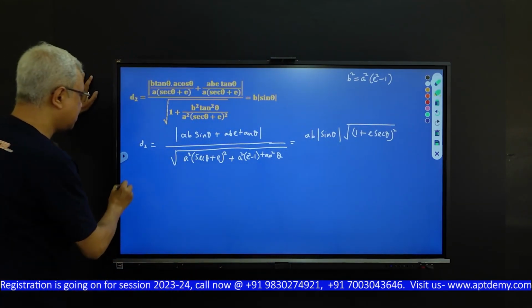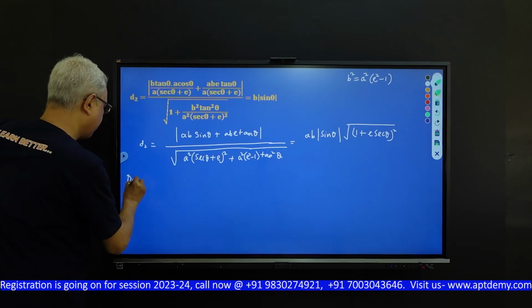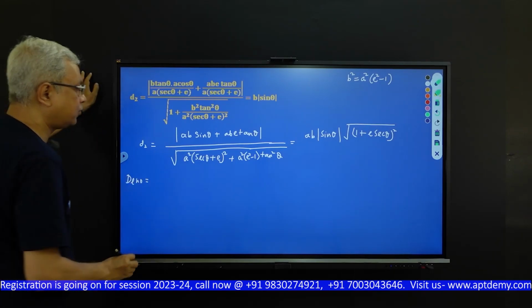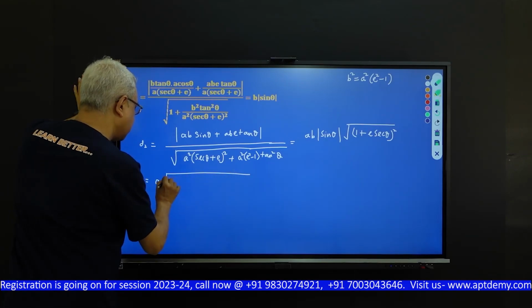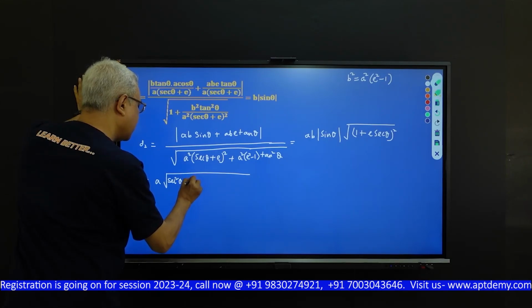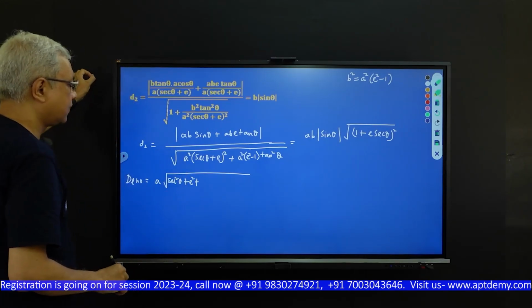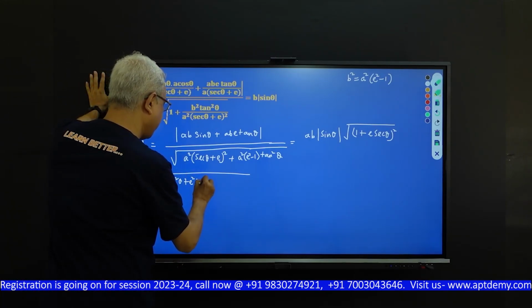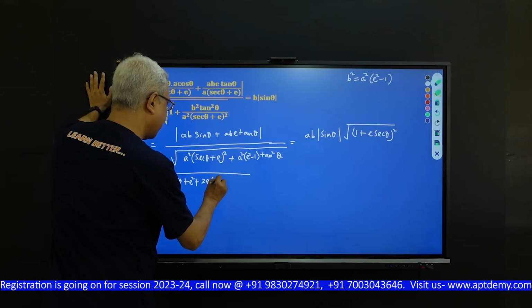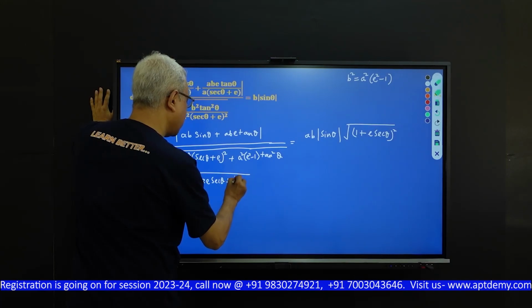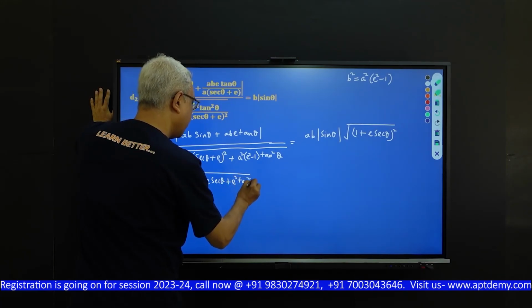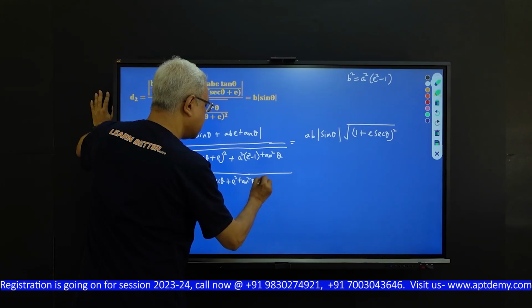And the denominator is how much? It is the square root of sec square theta plus e square plus 2e sec theta plus e square tan square theta minus tan square theta.